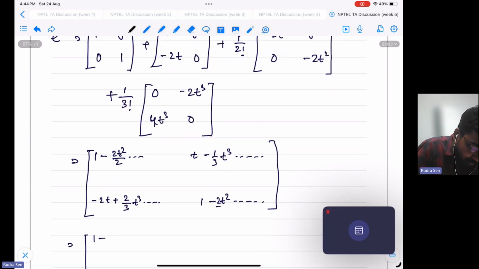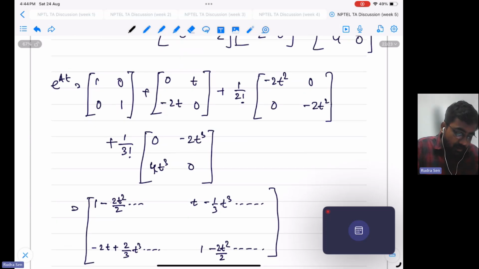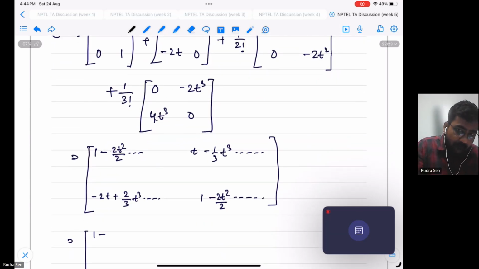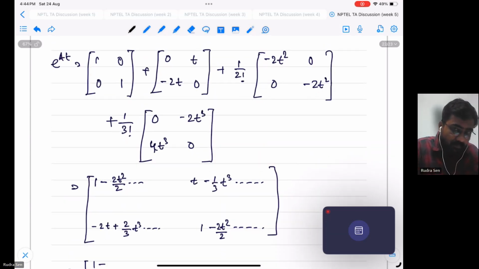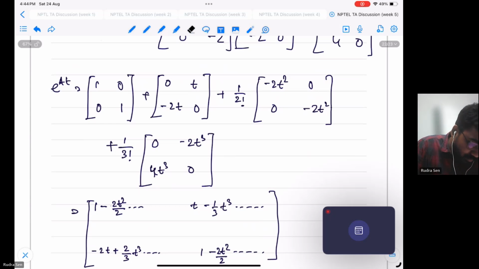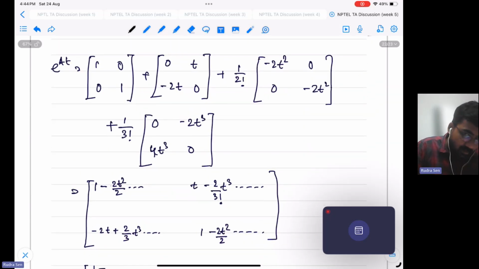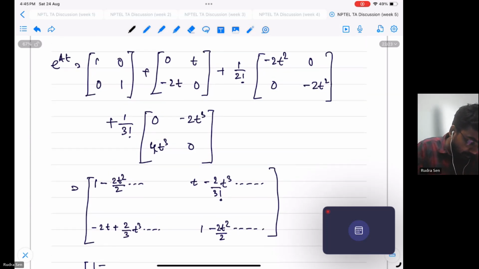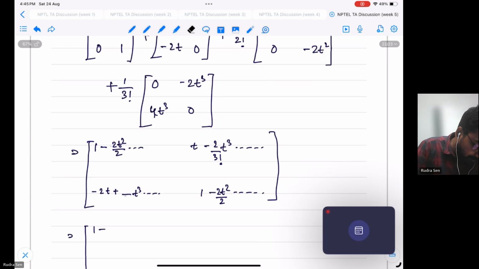This is also 2t squared by 2, and this is t minus 1/3, 2 by factorial 3, and it is 4 by factorial 3.